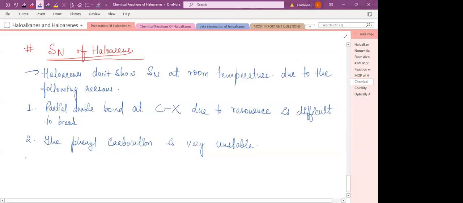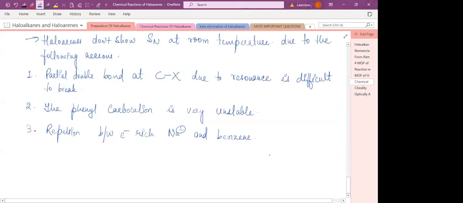Again, as I told you, there is repulsion between the electron-rich nucleophile and the benzene ring, because electron density is high on the benzene ring.